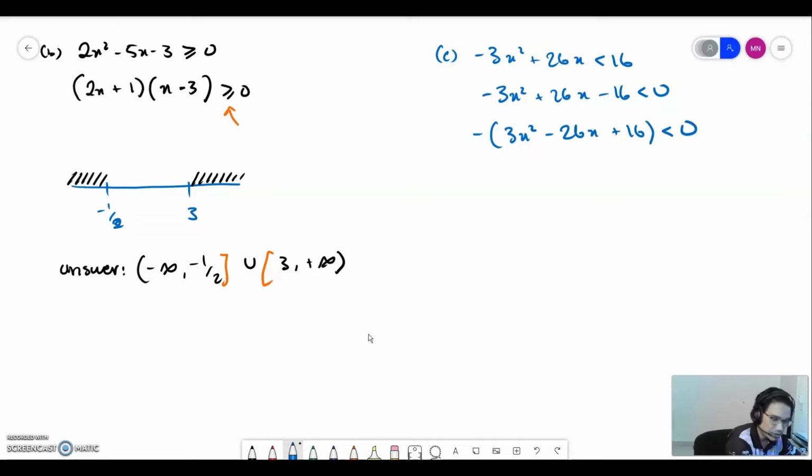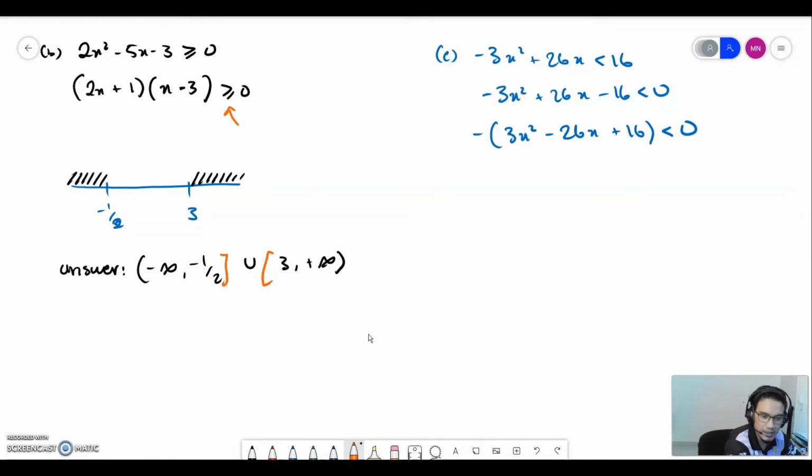Okay, if you want to use your calculator to factorize this quadratic equation, make sure the a becomes positive first. For example, here the a is negative 3. You should never find the roots of a quadratic by keying a negative a into your calculator, because it will give you a different meaning.